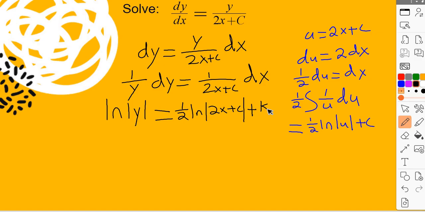Alright, now, does this look very nice? No, not really. So what might I do to solve for y? What was our word? Exponentiate. Exponentiate both sides. So on the left hand side, we're gonna have a y. On the right hand side, what are we gonna have?